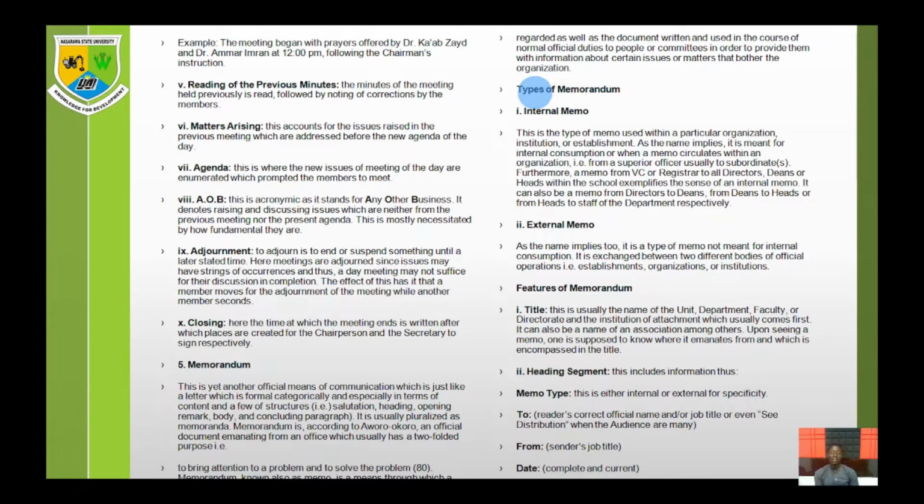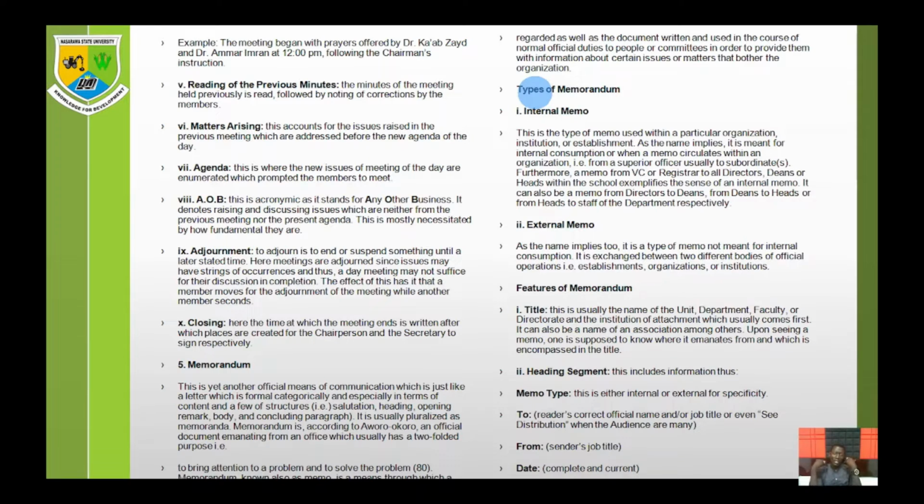This is the title that comes after the heading segment. And under this, you now be brief in this way: I write to request all staff or all lecturers of the department to submit their questions in preparation for the forthcoming examination of the school. Full stop. You are to comply, please. Full stop. You see, you are just brief.